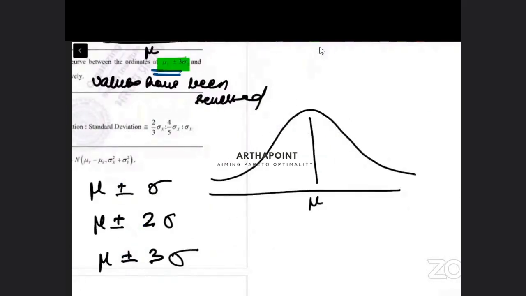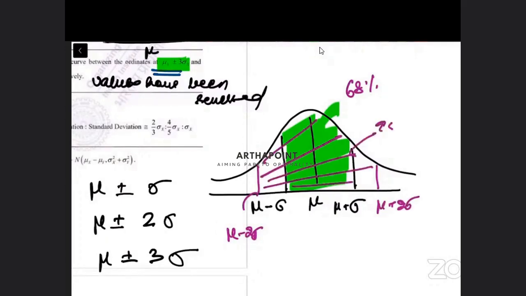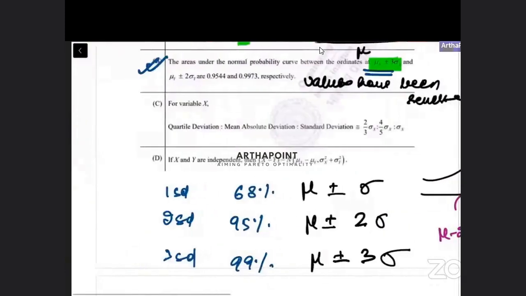So if this is mu, then 1 standard deviation के gap में, mu minus standard deviation, mu plus standard deviation, this area is 68%. Then if I add mu minus 2 standard deviation, mu plus 2 standard deviation, this area is 95%. And the remaining is 99%. These are the properties, okay?